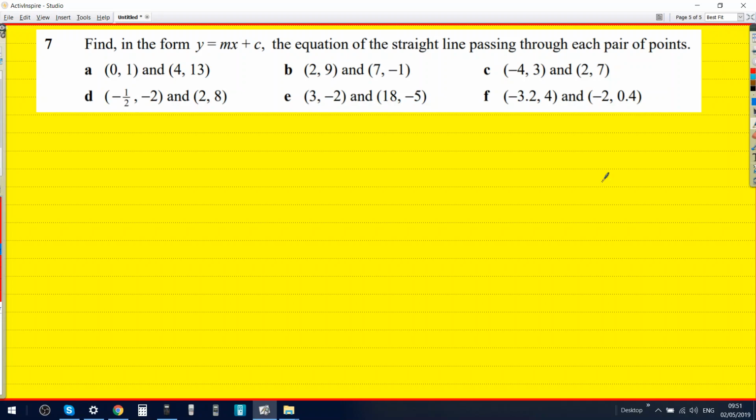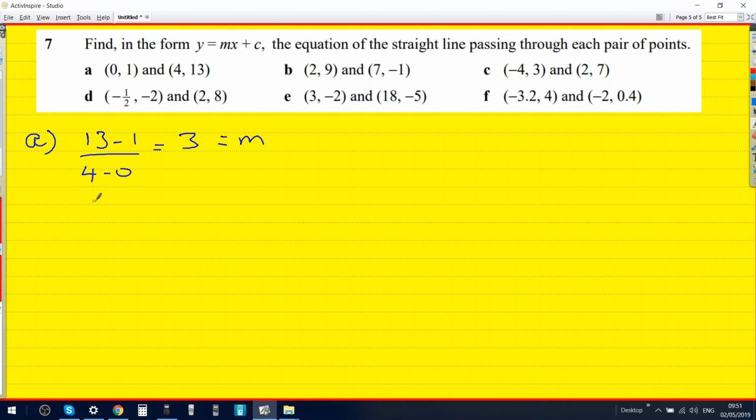So we've got 13 minus 1 over 4 minus 0, so 12 over 4. So it's just 3. And then can you just sub in the value of y and the value of x? Yep.